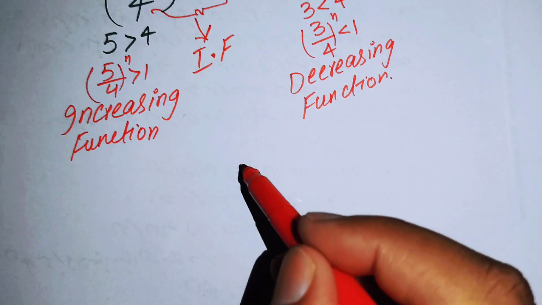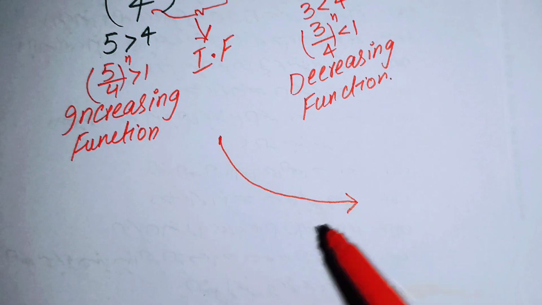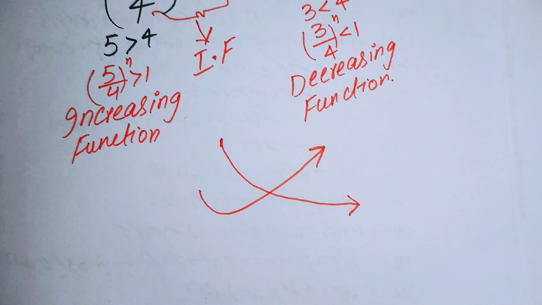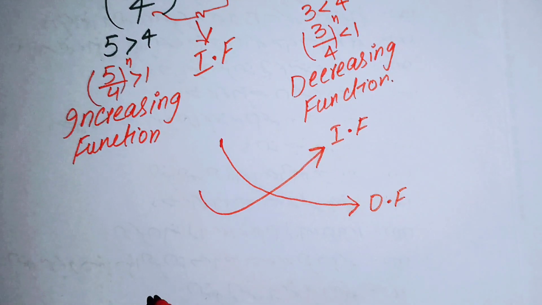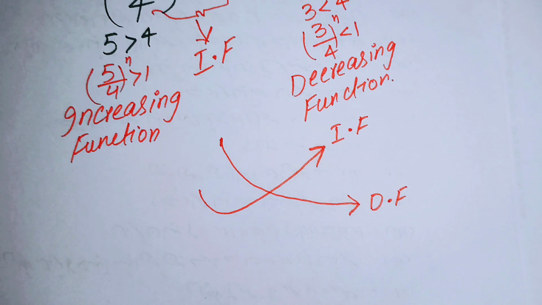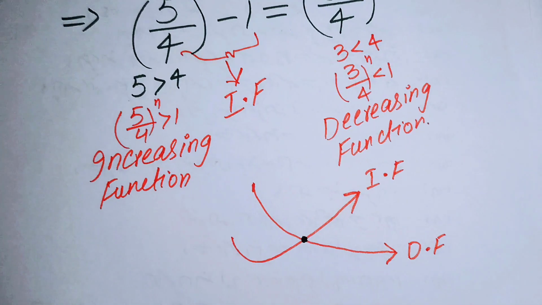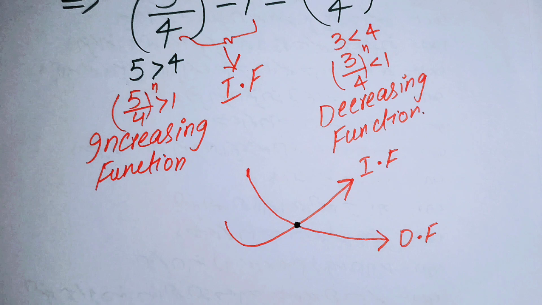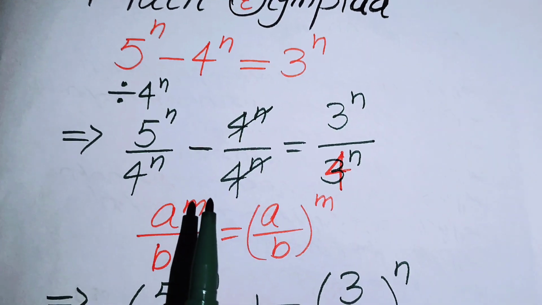You know that the graph of a decreasing function looks like this, and the graph of an increasing function looks like this. If the increasing and decreasing functions intersect at only one point, this graphical representation tells us that this question has only one solution, because from the question statement alone we cannot say how many solutions it has.